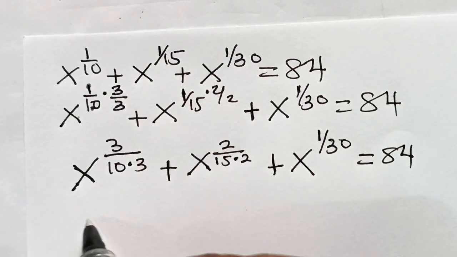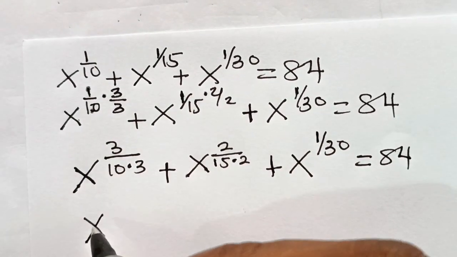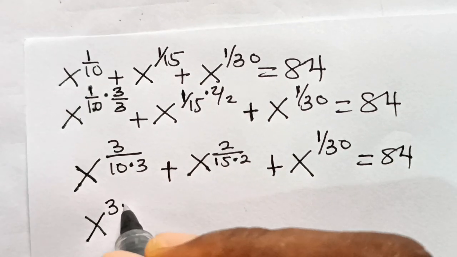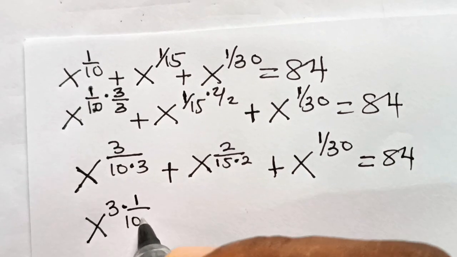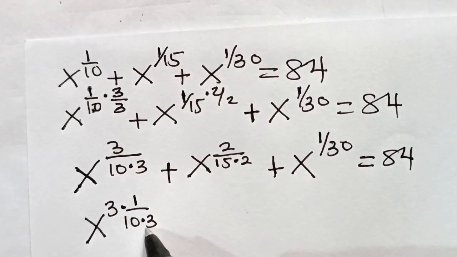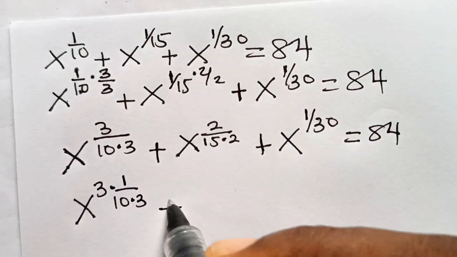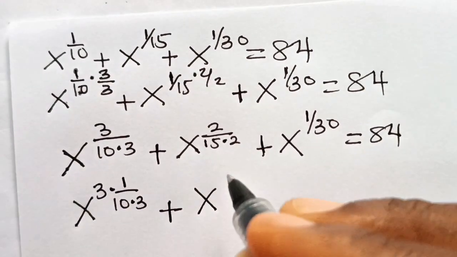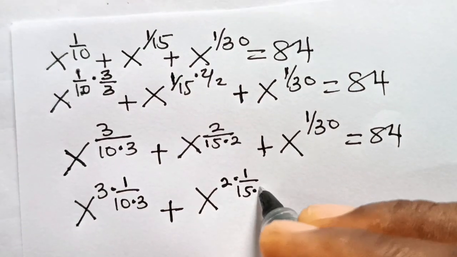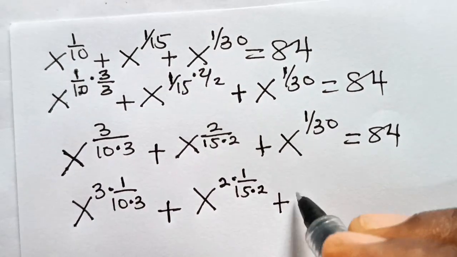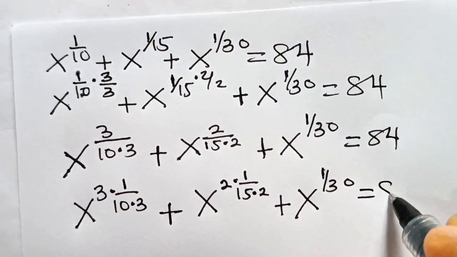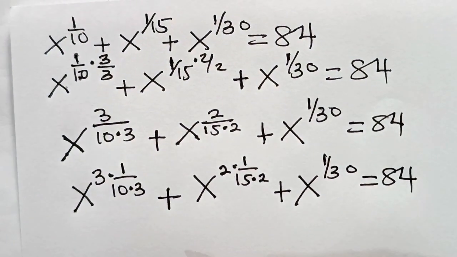So we can write this as x to the power of 3 multiplied by 1 over 10 multiplied by 3, similarly plus x to the power of 2 multiplied by 1 over 15 multiplied by 2, plus x to the power of 1 over 30 is equal to 84.